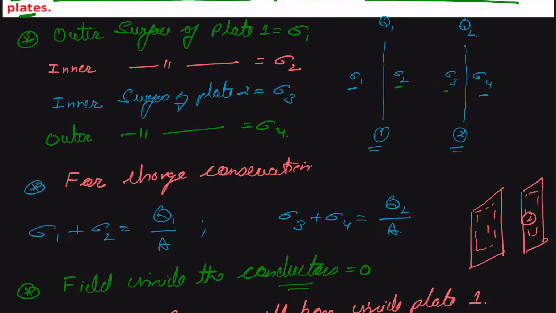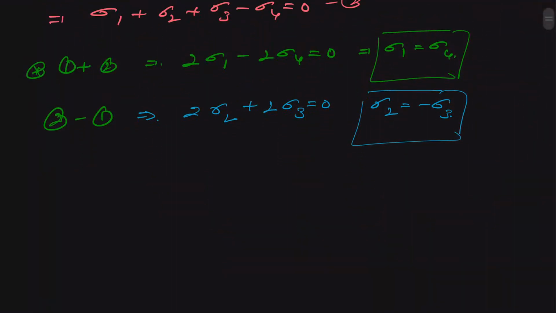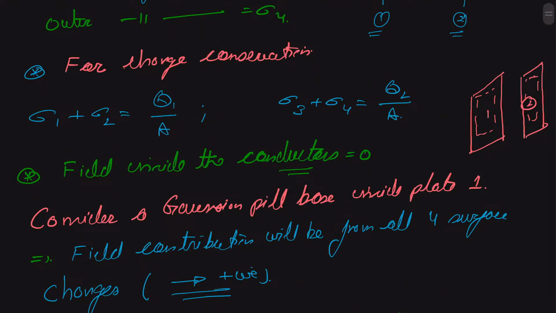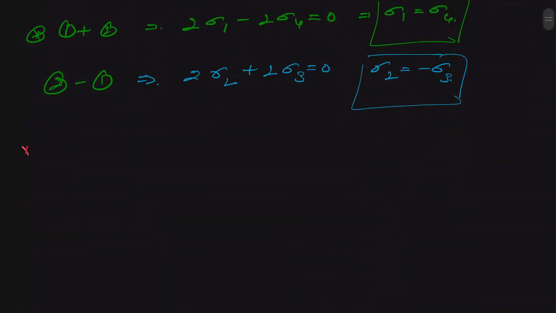That we came to the conclusion from their charge densities. And let us find out the respective values. We have already written that for plate number 1 and this is for plate number 2. So let me rewrite them again.